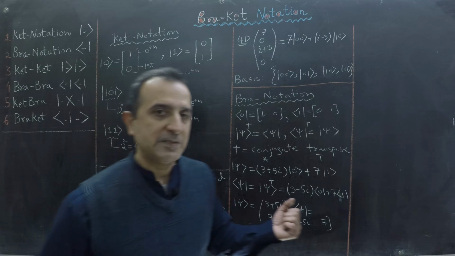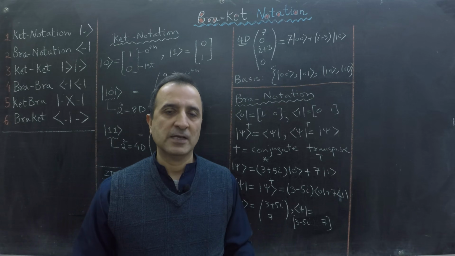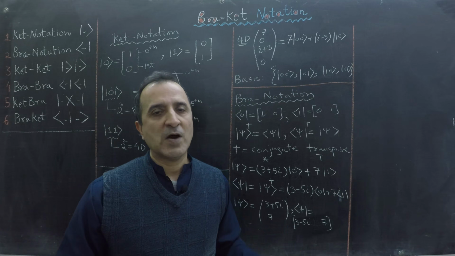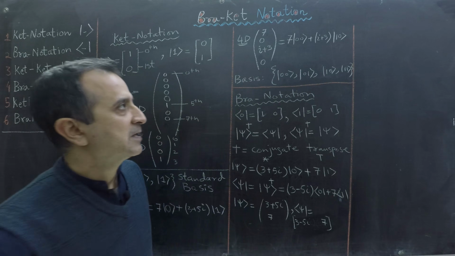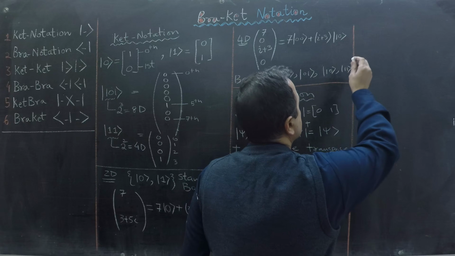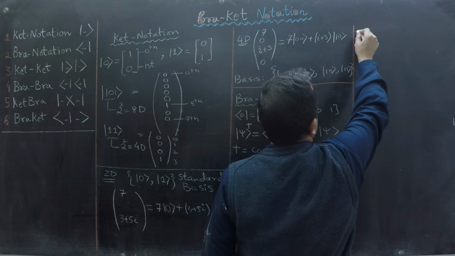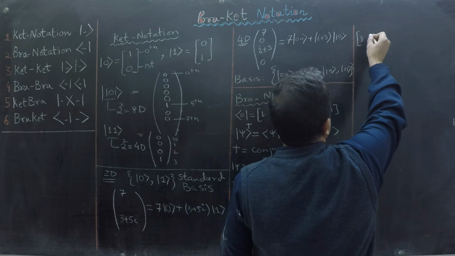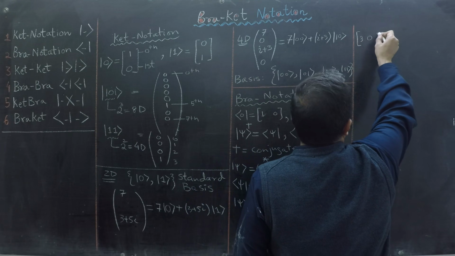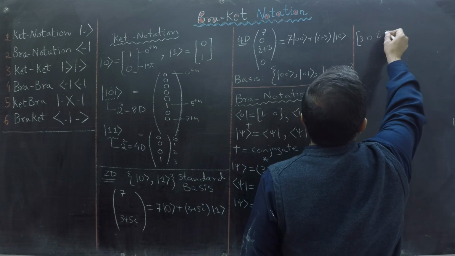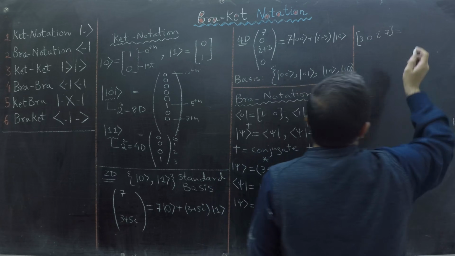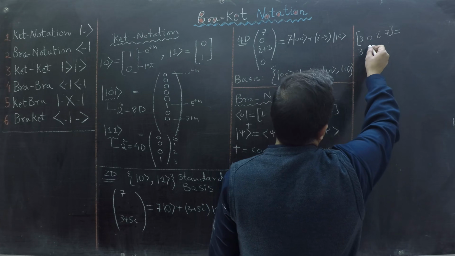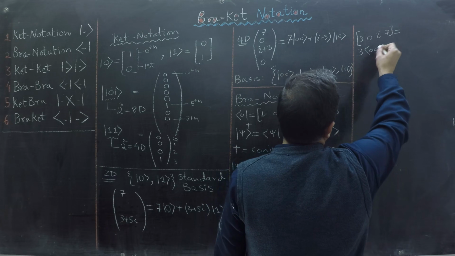Once again, I can represent any row vectors in 2's power dimension using Bra notation. For example, if I have this vector 3, 0, iota, 7, then in Bra notation this will be equal to 3 Bra 0,0.